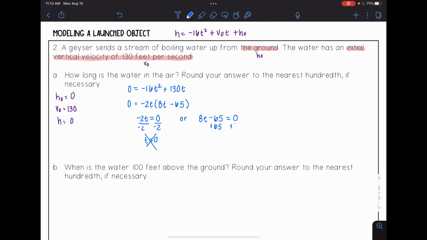And so I know my answer is actually going to come from this second equation. And so when I divide 65 by 8, I get that t is equal to 8.13. So the answer here is that the water is in the air for 8.13 seconds.